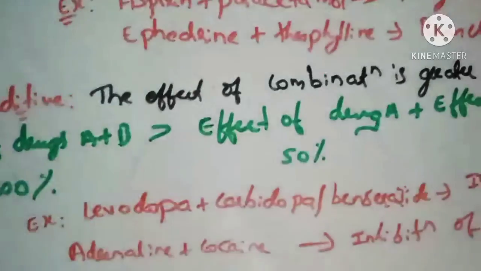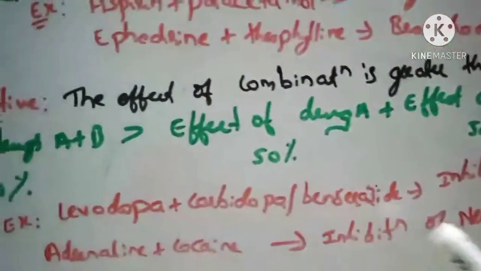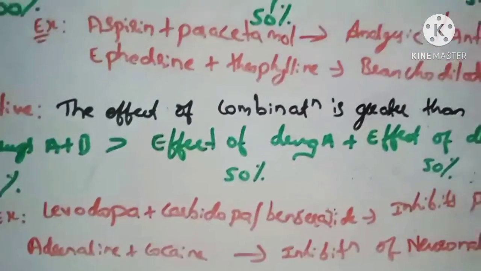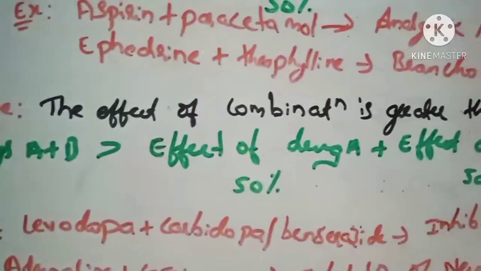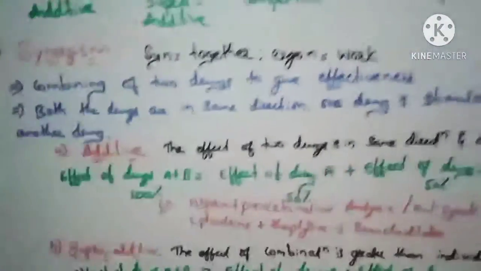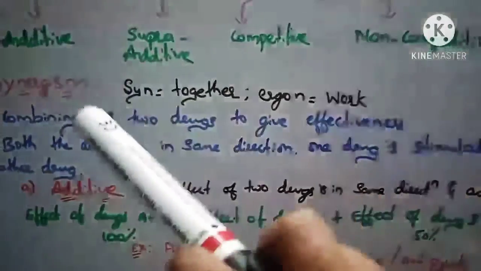Both in combination inhibit the neuronal reuptake. So synaptic postsynaptic vesicles are inhibited by the neuronal uptake. This is the combined effect of drugs in synergism.